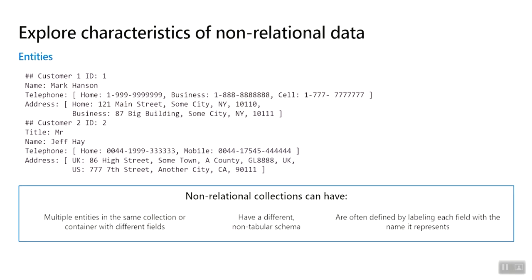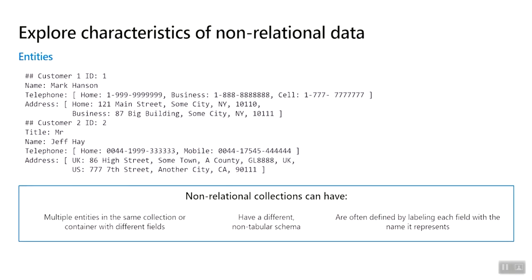Filtering data on other fields would require us to scan through the entire collection of entities, parse each entity in turn, and then apply the query criteria to each entity to find the matches. For example, if we were to do a query that fetches the details of a customer by ID, we can quickly do so.